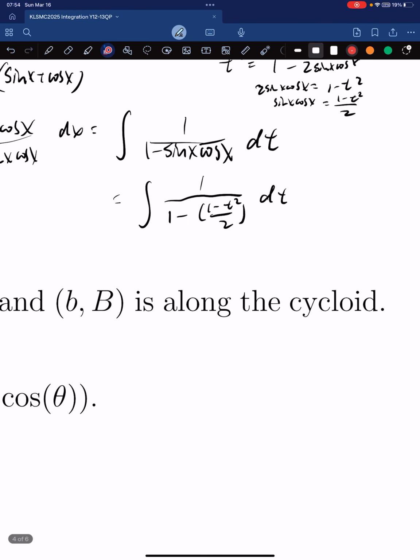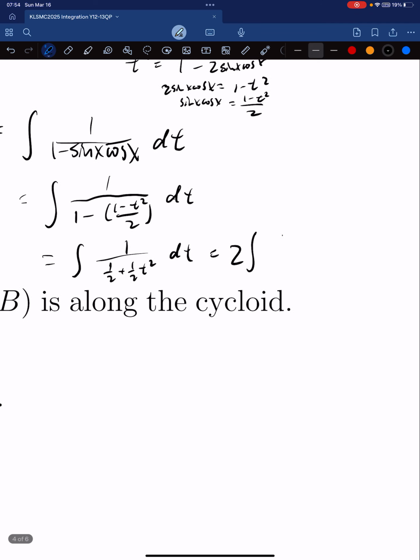So this equals the integration of 1 over 1 minus (1 minus t squared) over 2, which gives 1 over 1 over 2 plus 1 over 2 t squared dt, which equals 2 times the integral of 1 over 1 plus t squared dt.